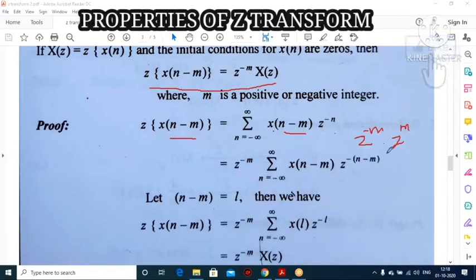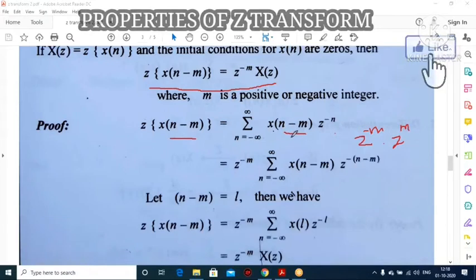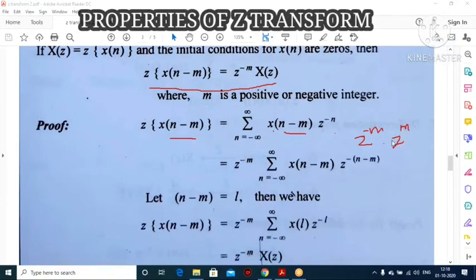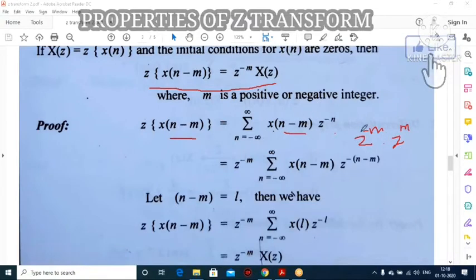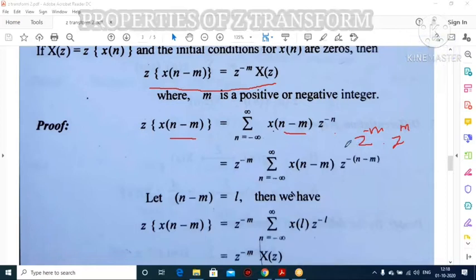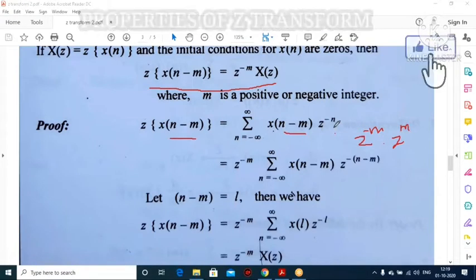When I add these two terms in the summation, no problem, it won't disturb your summation, because z power minus m plus m is z power 0, and anything to the power 0 is 1. One important thing, note it down: I add z power minus m into z power plus m in the summation.